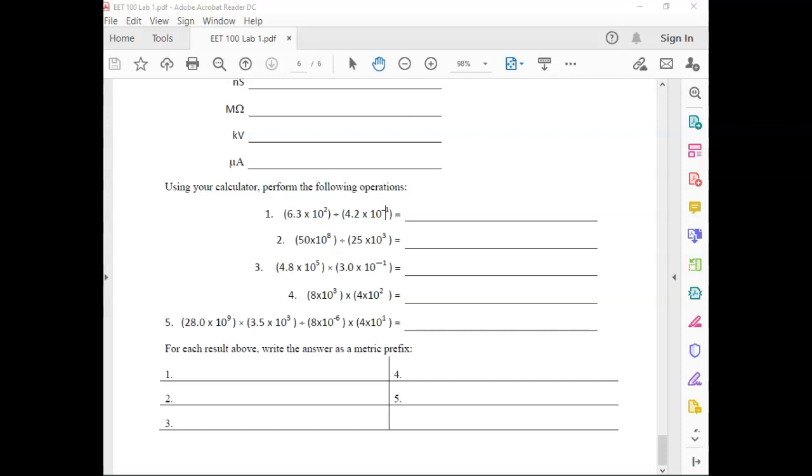So again, going back to the whiteboard here. You have 8 times 10 to the 3rd multiplied by 4 times 10 to the 2nd.